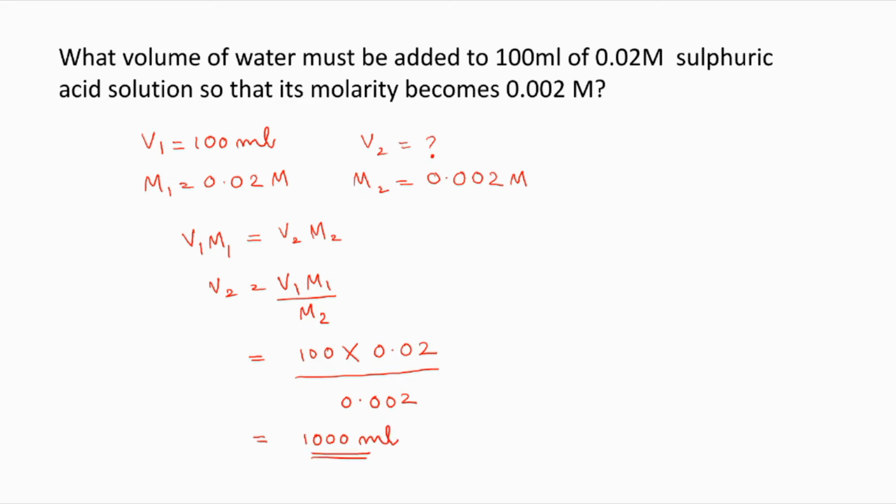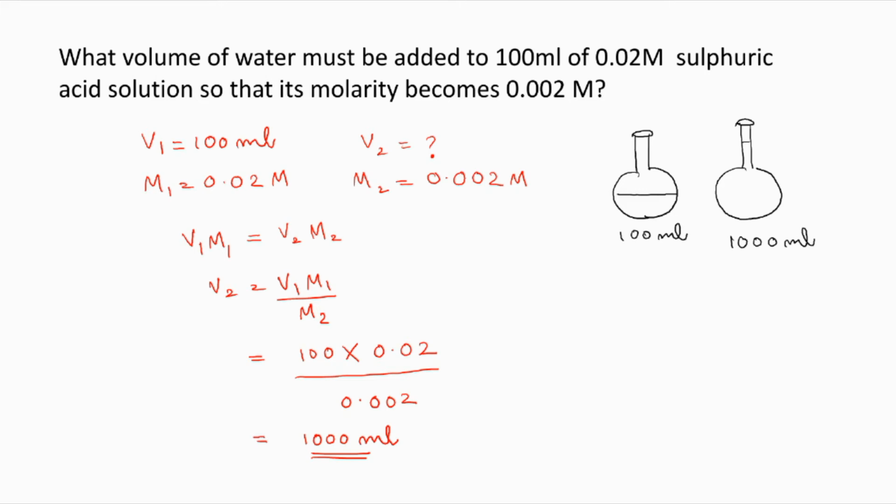Now think about it. Is this your final answer? No. Why? Because initially you had 100 ml of the solution. The value of V2 you are getting, 1000 ml, is the total final volume after adding some amount of water to that. So how much water have you added?